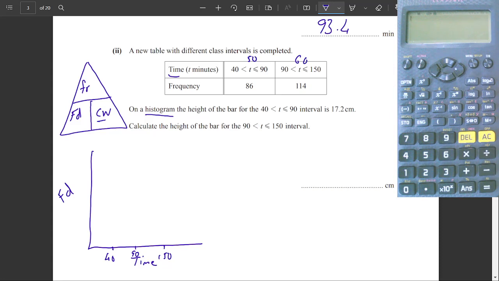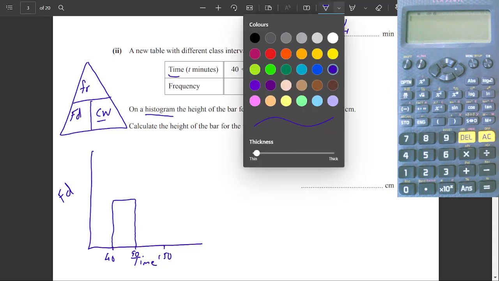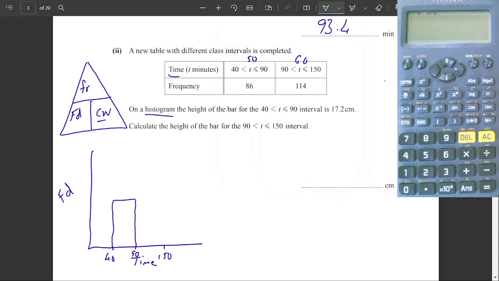Right, now it tells us on a histogram the height of the bar for the 40 to 90 interval is 17.2 centimeters. On the histogram, it looks like this. Then the height of the bar, I'm going to use a different color, from there to there is 17.2 centimeters.